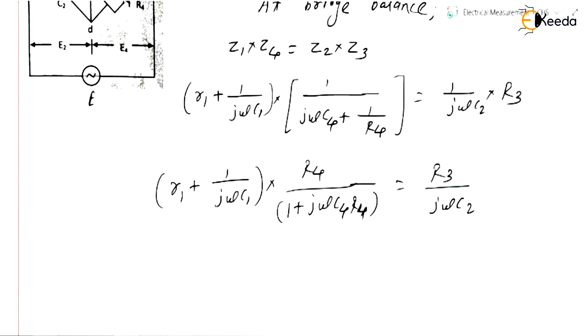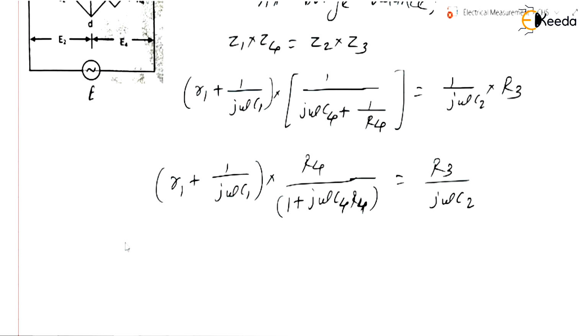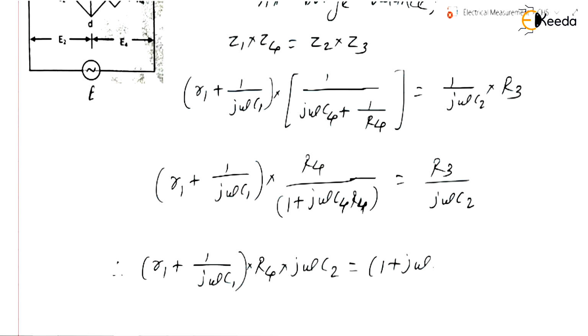Next, I am going to shift this term to the left hand side, and this term to the right hand side. Taking the cross multiplication, it is R1 plus 1 upon j omega C1, into R4 into j omega C2, is equal to 1 plus j omega C4 R4, into R3.